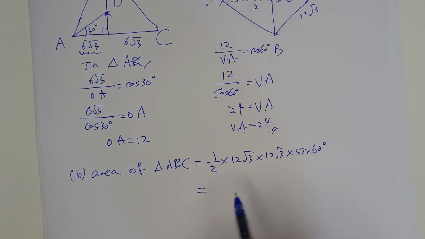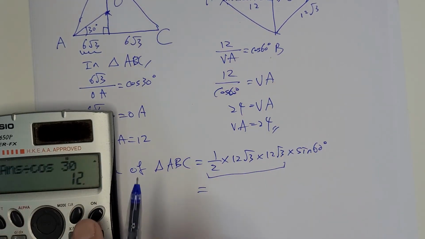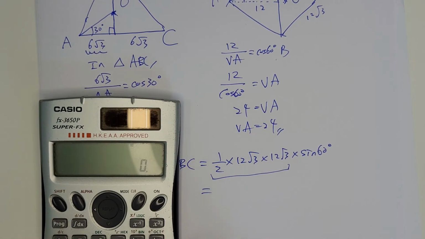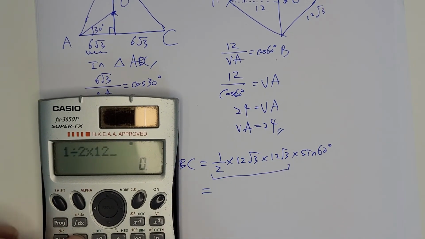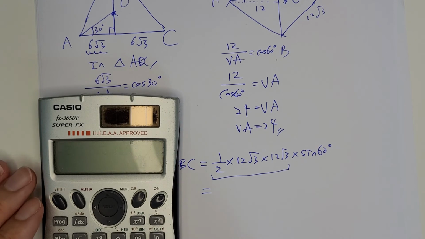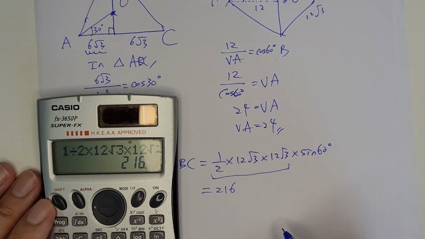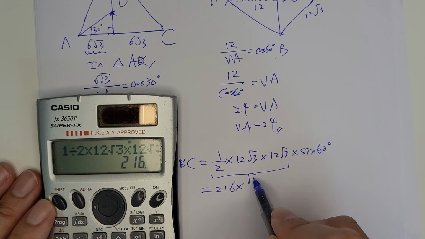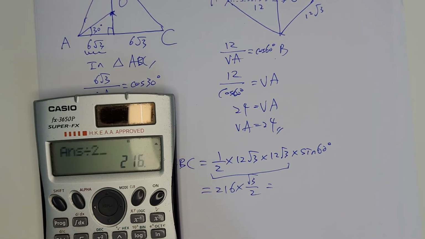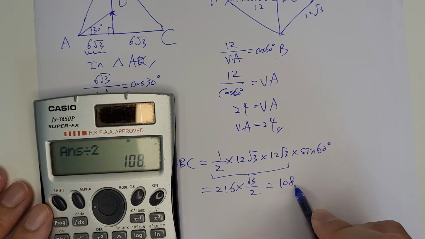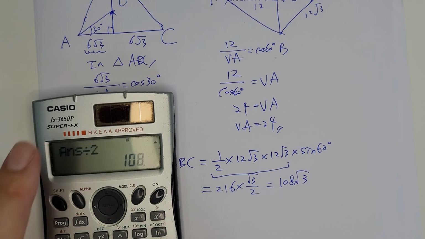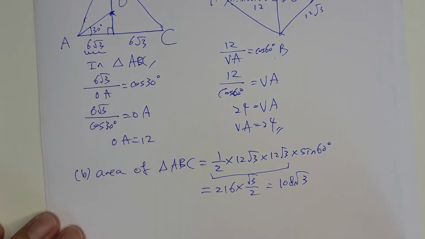For the first three numbers multiplied together, that's quite straightforward. 1 over 2 times 12 root 3 times 12 root 3, that is 216 times square root 3 over 2, that is 108 times root 3. That is the area of triangle ABC.